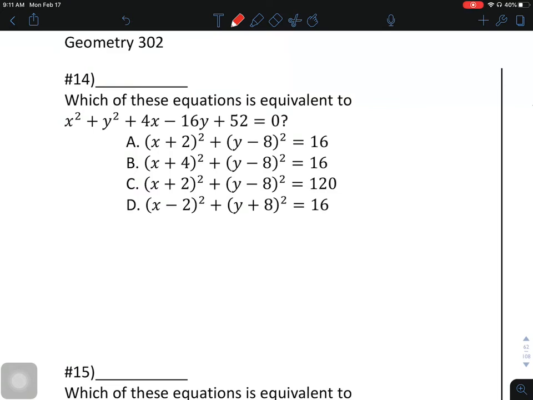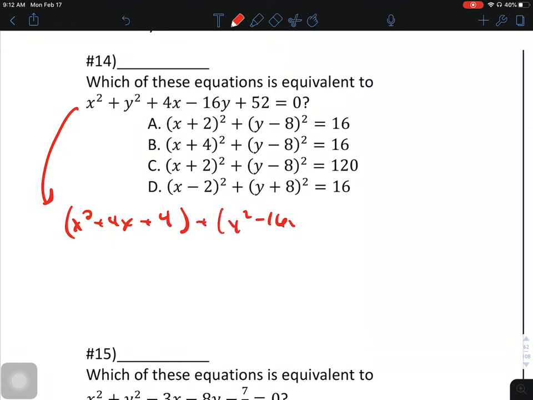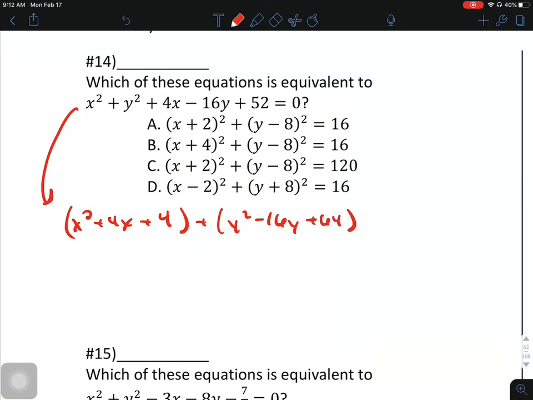14. We're going to have to complete the square on this little fella. So if we take x squared plus 4x, complete the square: you take half of 4, which is 2, and square it, which is 4, plus y squared minus 16y. Take half of negative 16, which is negative 8, squared is 64.